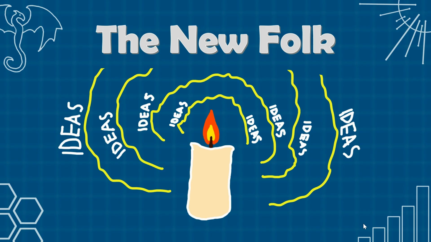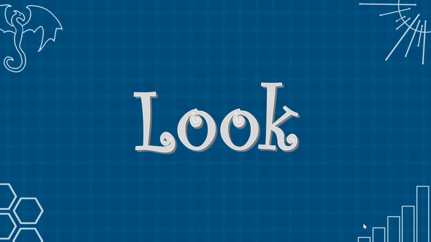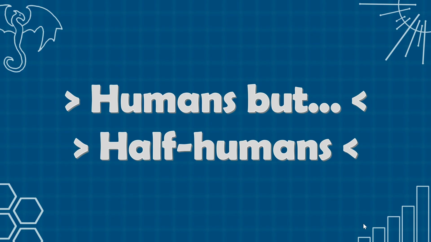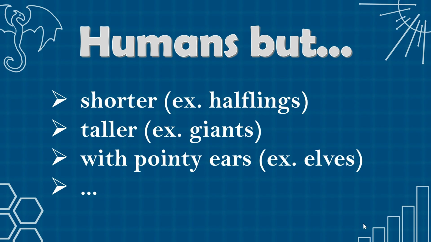The second aspect is the look, how they are perceived by senses as well as their external and internal anatomy. I often see two variations of this that I like to call human-ish and half humans. Human-ish is a variation based on a general human look, but with special features, such as a smaller height, in the case of dwarfs and halflings, a bigger height in the case of giants, pointy ears for elves, or other traits such as horns and tails, or a different skin color.